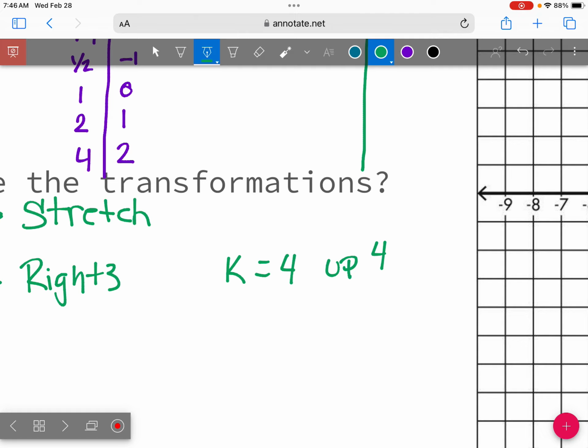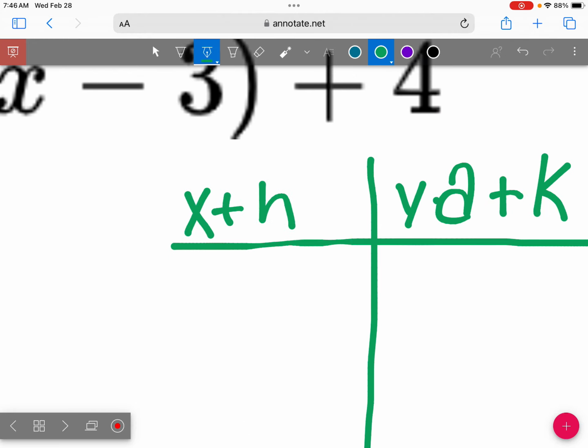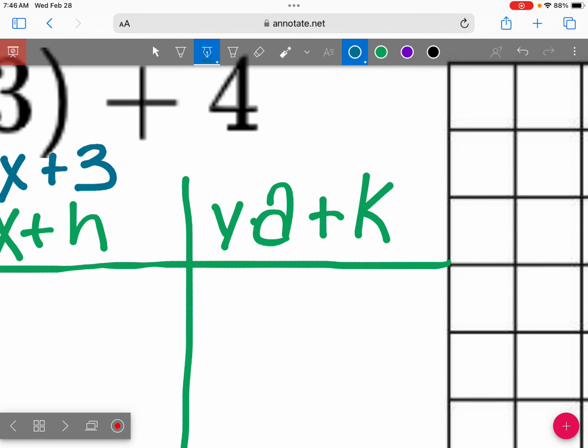Goes up 4. So when we're doing our transformation table, we're going to take all of our x's from our parent, and we're going to add 3. We're going to take all of our y's from our parent times 2 plus 4.